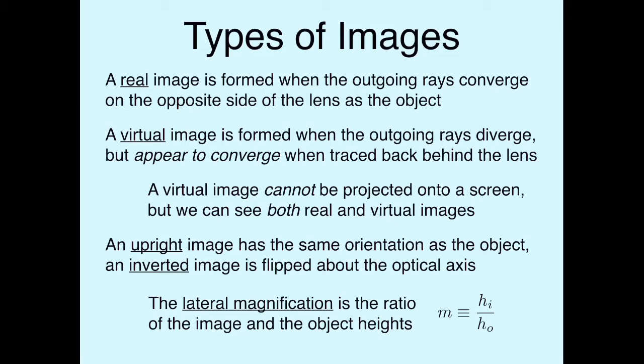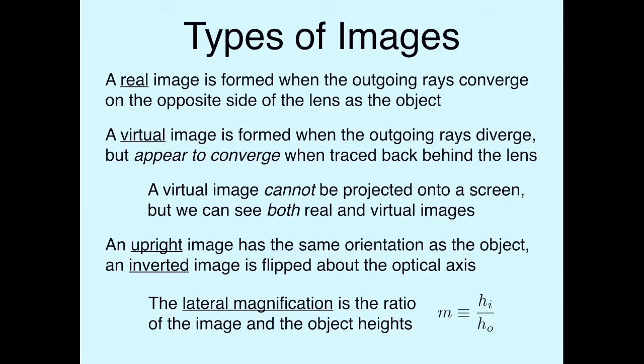And so first, let's talk about the difference between a real image and a virtual image. A real image is formed when the outgoing rays, that is the rays that are coming out of the lens, converge on the opposite side of the lens as the object. So if you have rays actually converging after going through the lens, then you get a real image. On the other hand, a virtual image is formed when the rays coming out of the lens, the outgoing rays, diverge, but if you trace them back behind the lens, they appear to converge back there.